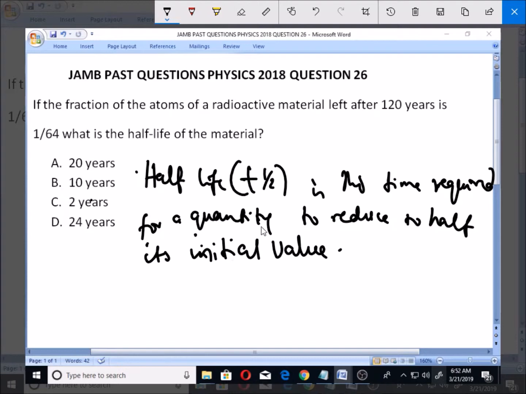So that is half-life. Whenever you hear half-life, we're talking about time. The time required for a quantity to reduce to half of its initial.